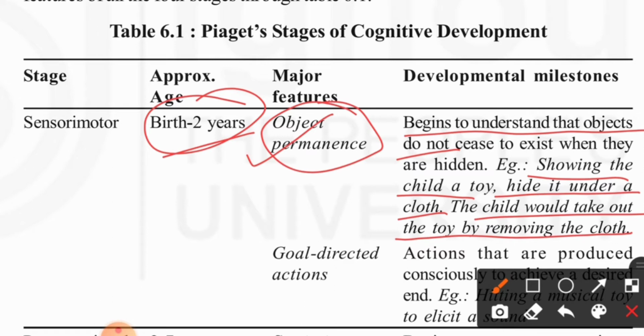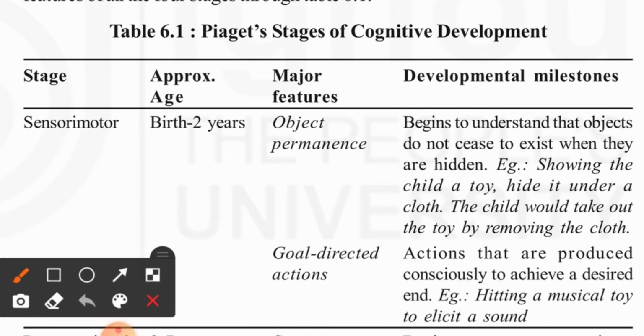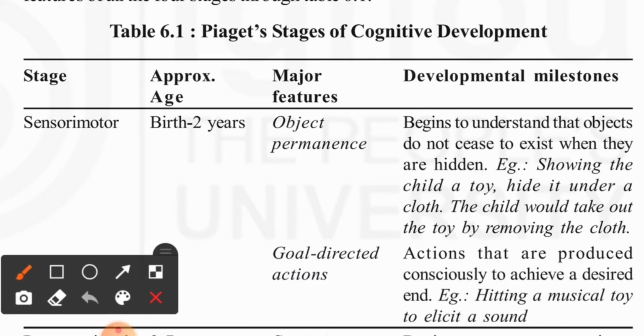Another major feature is the goal-directed action, which takes place at this stage. Now what is this goal-directed action? The actions that are produced consciously to achieve a desired end. For example, hitting a musical toy to elicit a sound.